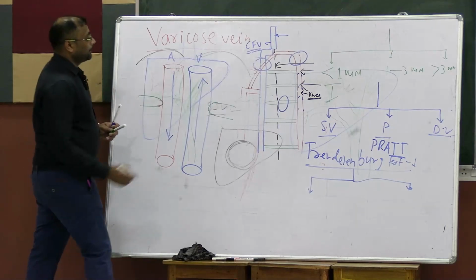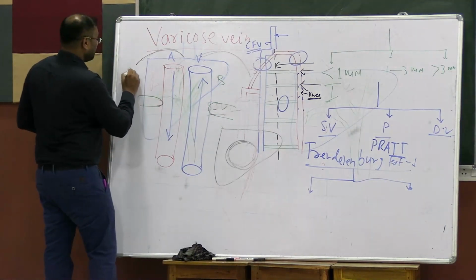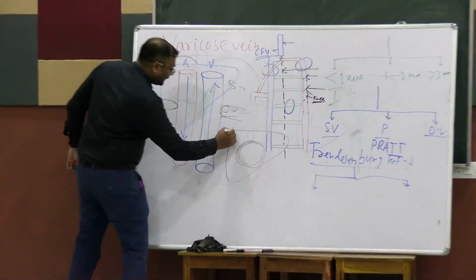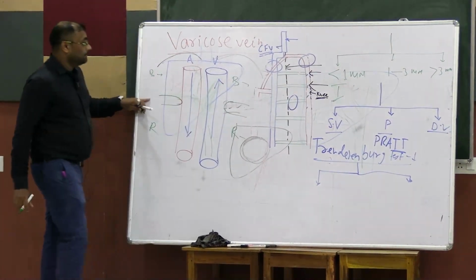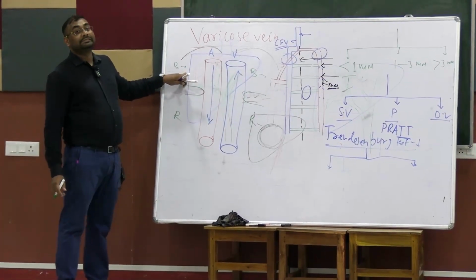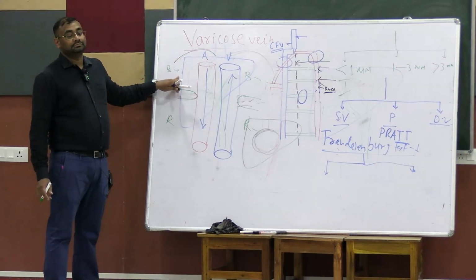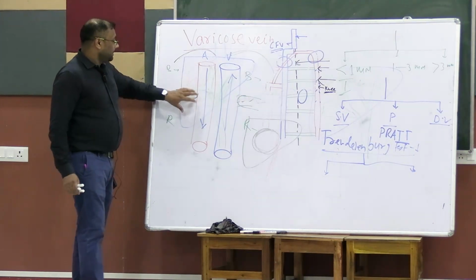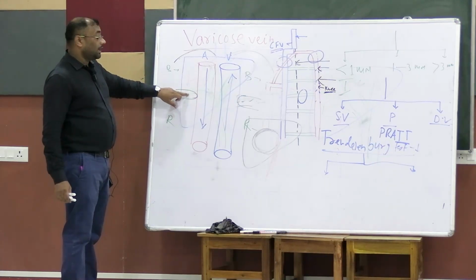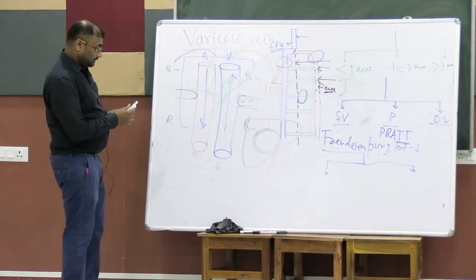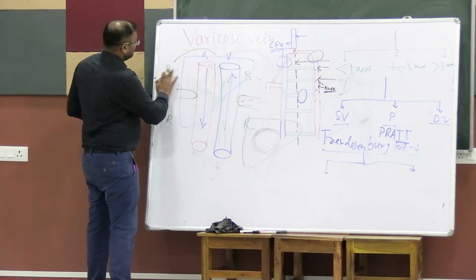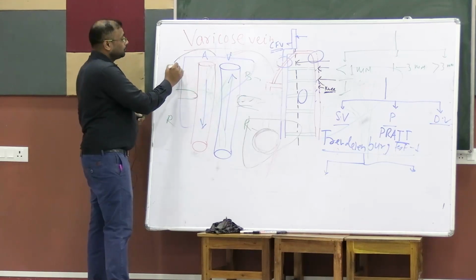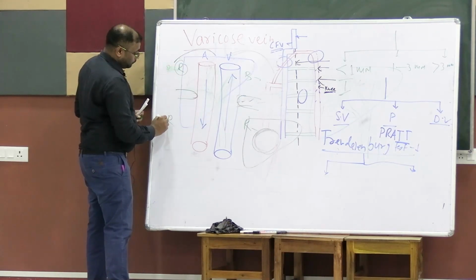Now you tell me, suppose here it is blue and here also blue, and here red and red. Tell me, blue means? Simply, if the blood is going away from the probe, it is blue. This one is coming towards the probe, no? So this will be red, and this is blue.